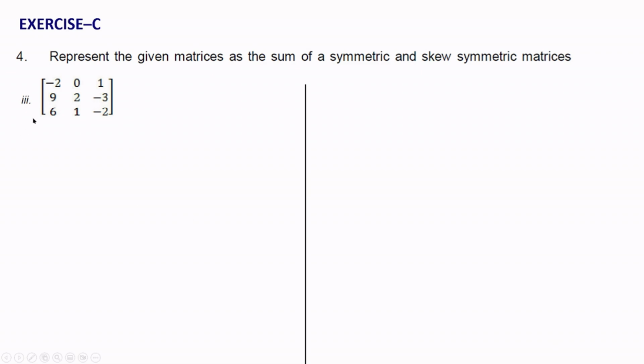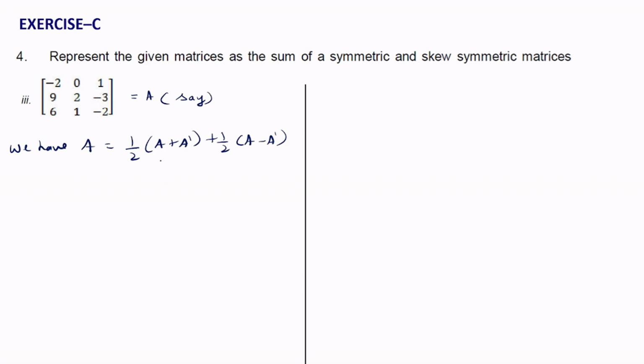Next question, we have to express this matrix as sum of symmetric and skew symmetric matrix. So let us take the given matrix as equal to A. So we have A equal to half of A plus A transpose plus half of A minus A transpose.